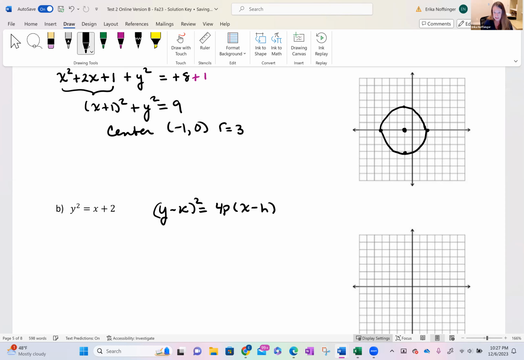This is actually in this form. We can see that our vertex is at h, k. So our vertex here is our x value is -2 and my y value is 0. So I have a vertex here at -2, 0.